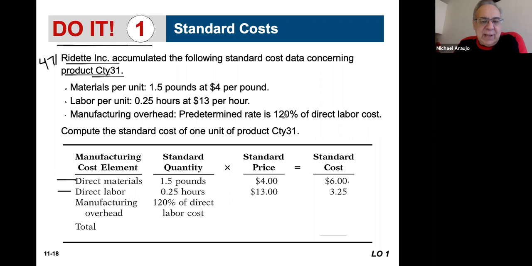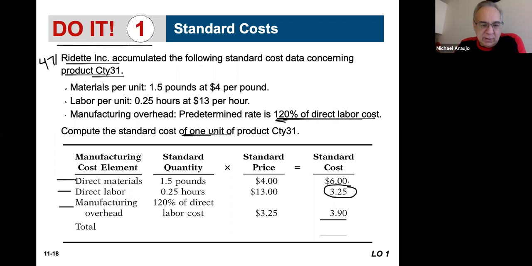Manufacturing overhead is 120% of direct labor costs. So first we calculate the labor cost as a standard cost, $3.25, and manufacturing overhead is 120% of that. So you take 3.25 and multiply it by 1.2, and you'll get $3.90 as your manufacturing overhead per unit.